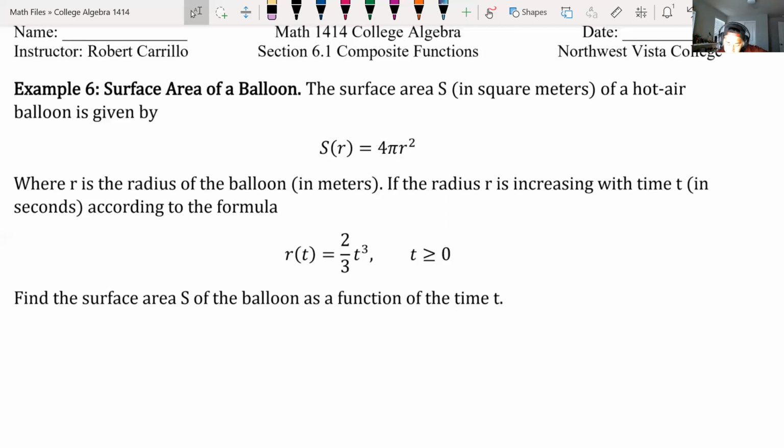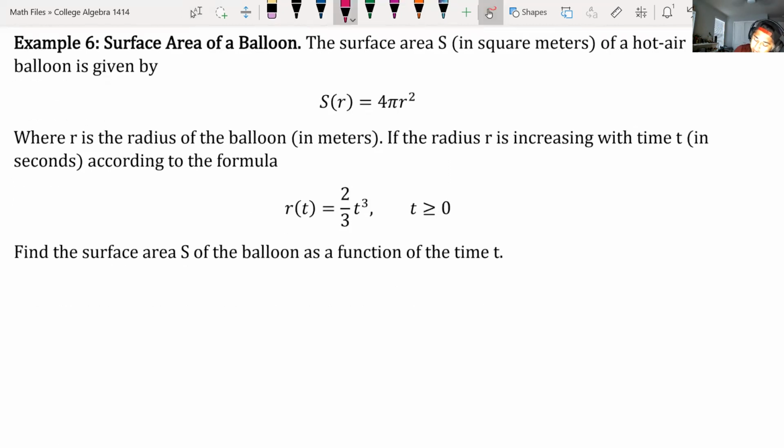So what have we learned today? What are we doing with functions? Composing them. We are composing them. So all we have to do in this equation is take the surface area and compose it with the radius formula. Nothing crazy, right?